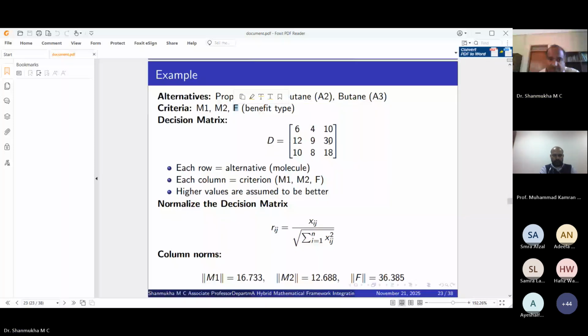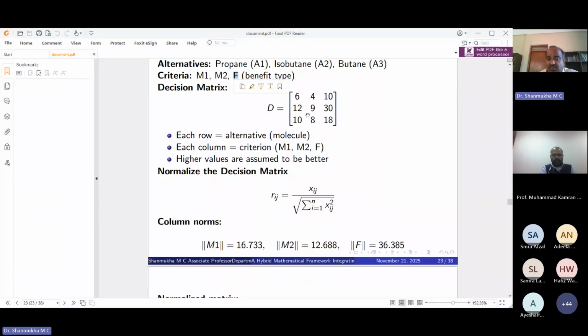Here each row is an alternative molecule, each column a criterion M1, M2, F, and higher values are assumed to be better. Then we normalize the decision matrix in the TOPSIS method.